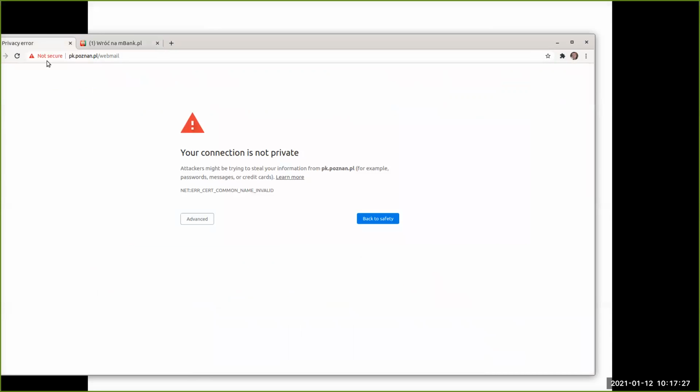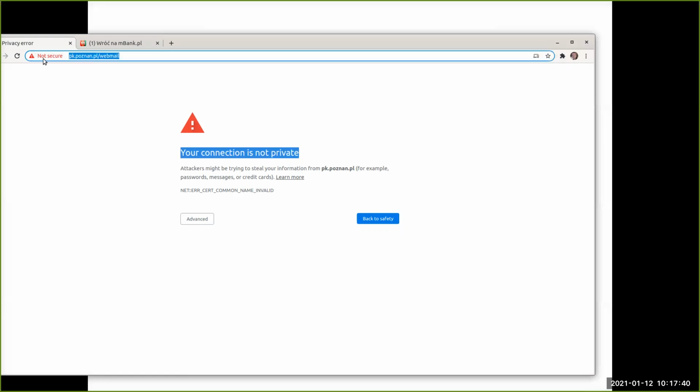Here, I connect using HTTPS too, and there is a message, your connection is not private. So what does it mean?